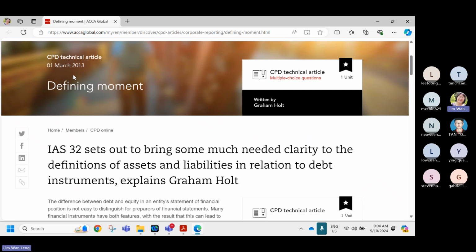So you have your ACCA global website, and as a student, you can access those documents. It's all there, very simple for you to navigate. And then you have the education hub.